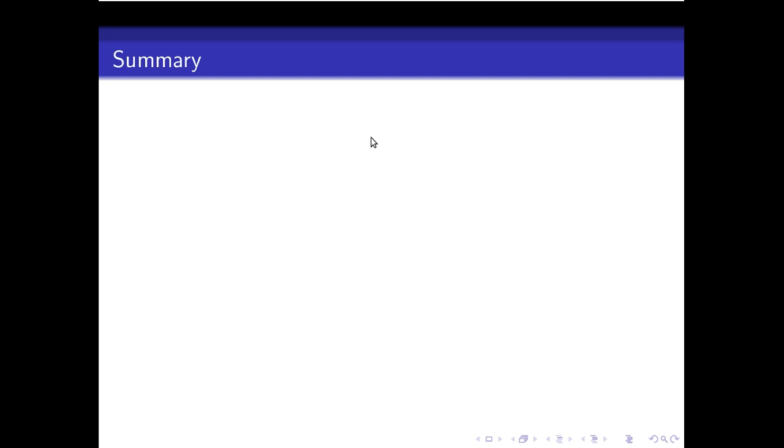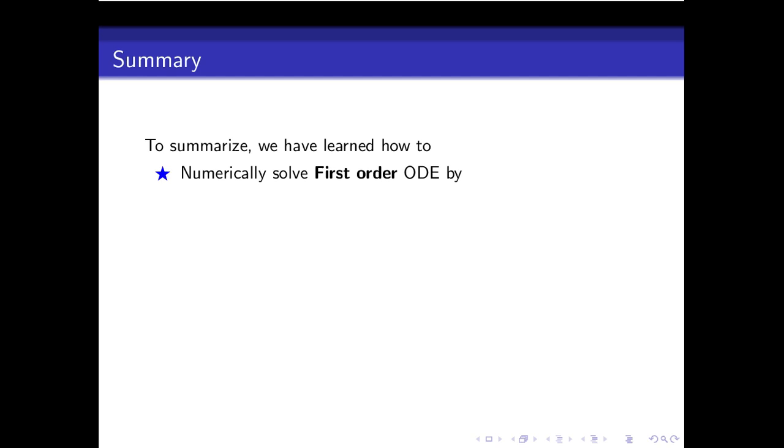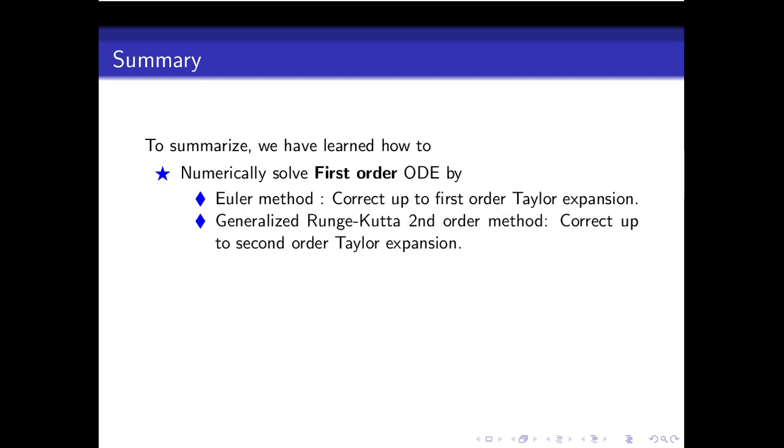So to summarize, we have learned how to numerically solve first order ordinary differential equations by the Euler method, which is correct up to first order Taylor expansion, and by the generalized Runge-Kutta second order method, which is correct up to second order Taylor expansion.